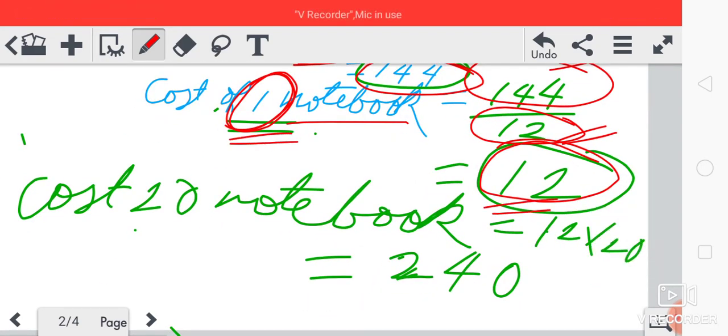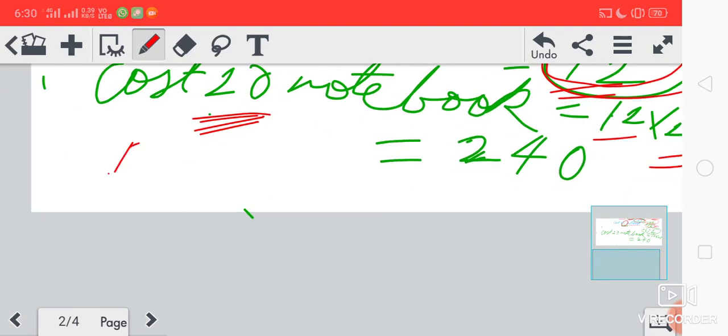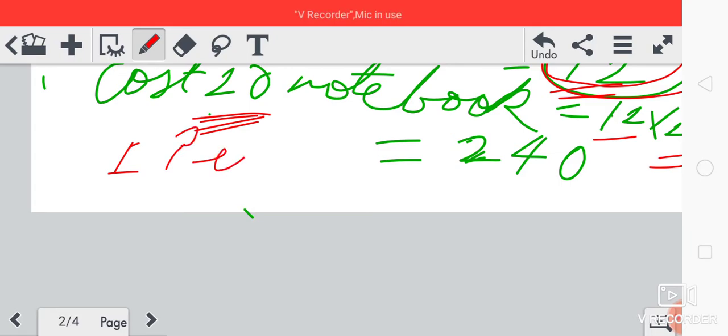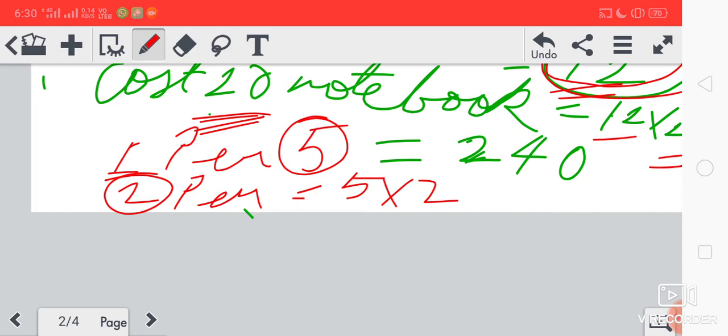Now cost of 20. Cost of 1 we have got 12. Now how will you get the cost of 20? So 12 into 20. Like if the cost of 1 pen is 5 rupees, then the cost of 2 pens will be how much? 2 pens will be 5 into 2. Cost of 1 pen into number of pens.